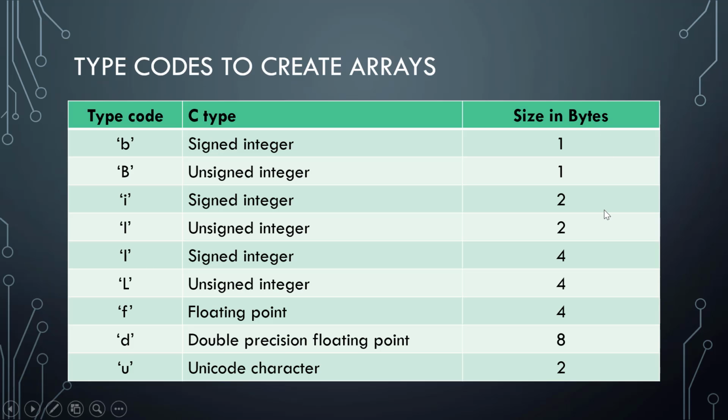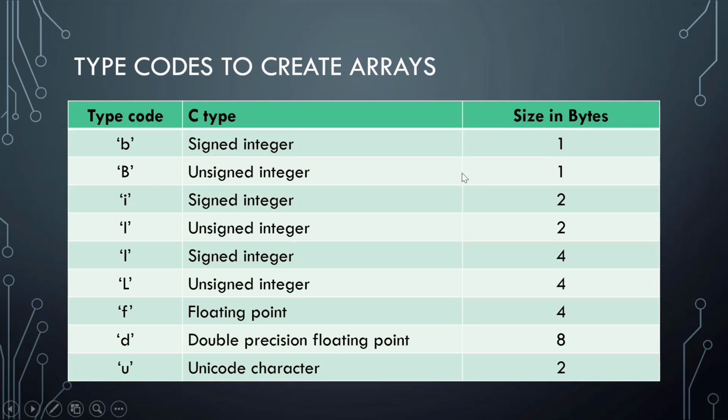Now let's move to the different type codes of arrays we have in Python. At the time of declaring an array variable, we have to specify the array name followed by its type code, and then the elements to be stored, according to the type code. The type code is a mandatory thing in the syntax. Let's look at the type codes: b for signed integer, capital B for unsigned integer, and each occupies 1 byte.